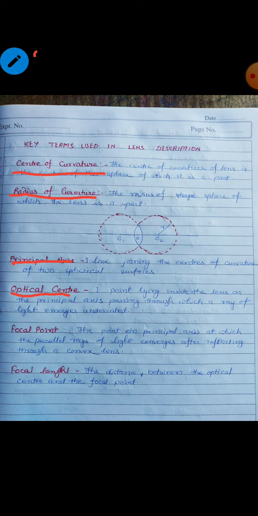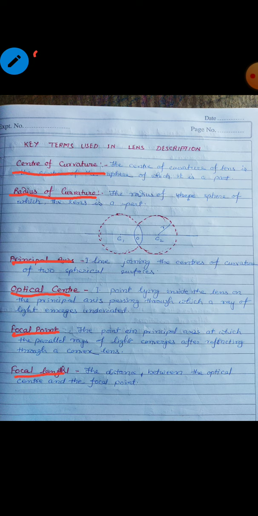After that, student, we will discuss focal point. So what is focal point? The point on the principal axis at which the parallel rays of light converge after refracting through the convex lens is known as focal point. And next one is focal length.